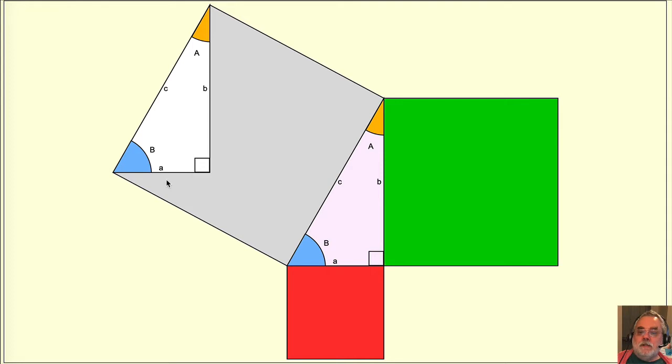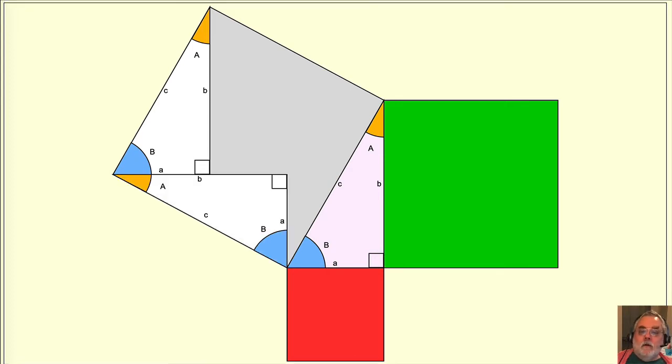The angle adjacent to the triangle's blue angle, B. All corners of any square are 90 degrees, so the gray angle must be 90 minus B, so it must equal the amber angle A, since A plus B equals 90 degrees.